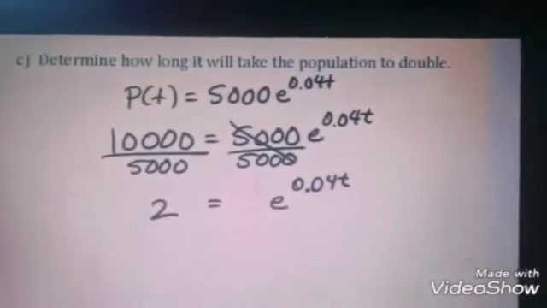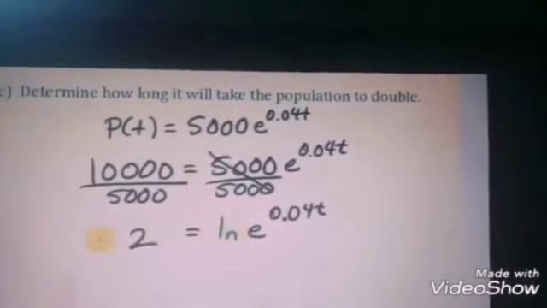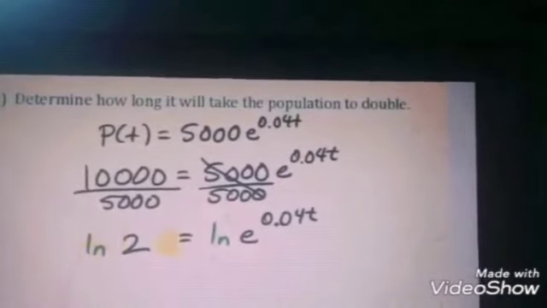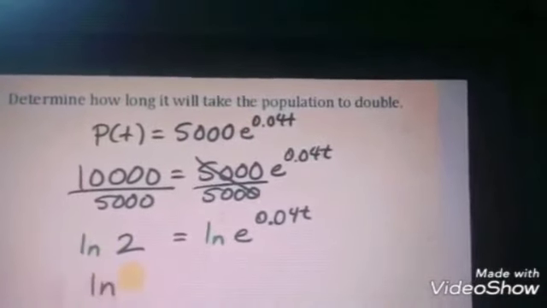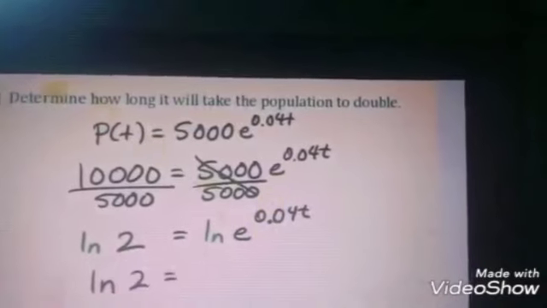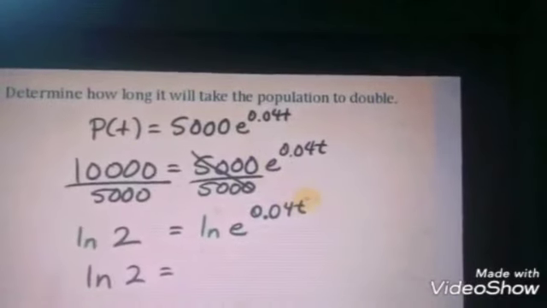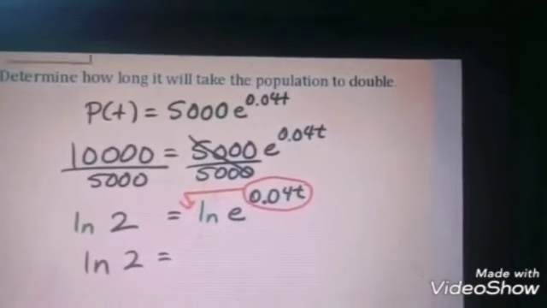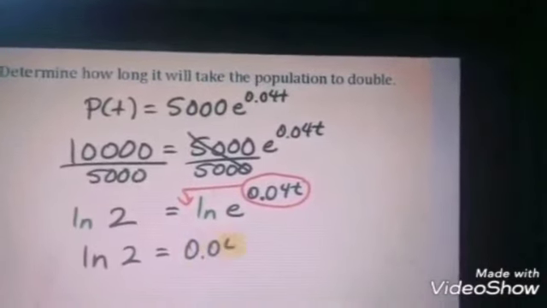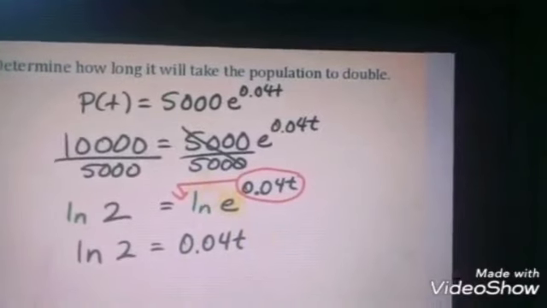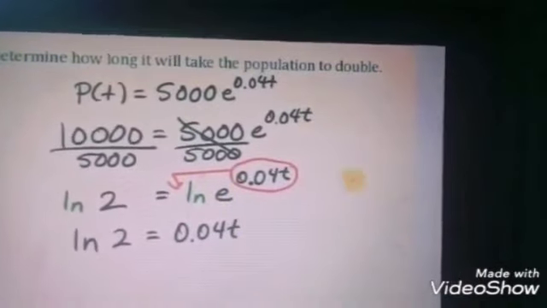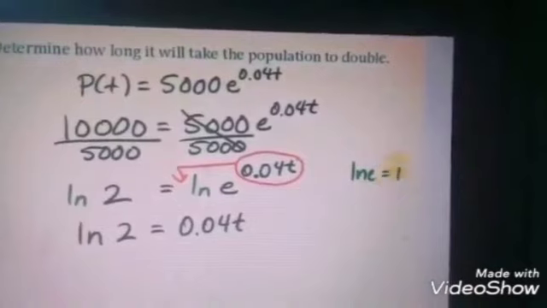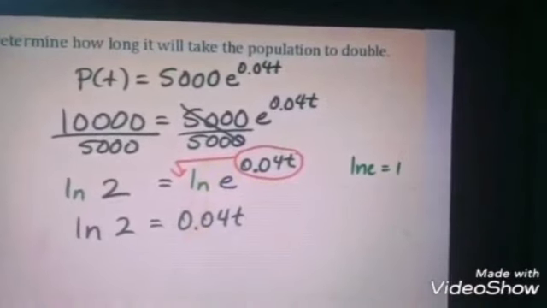To solve for t, we take the natural log of both sides of the equation. On the left side we have a natural log of 2. Here we can apply the power property of a logarithm. We can take this exponent and move it to the front. So we have 0.04 times natural log of e, but natural log of e is equal to 1, so that simplifies out.